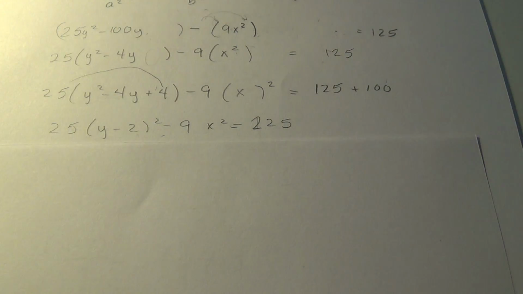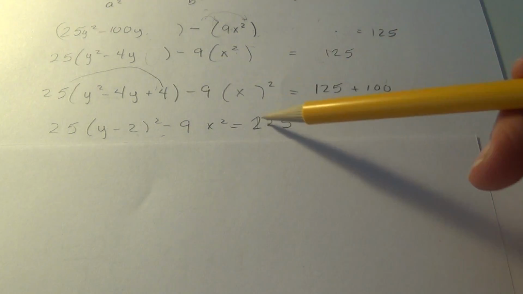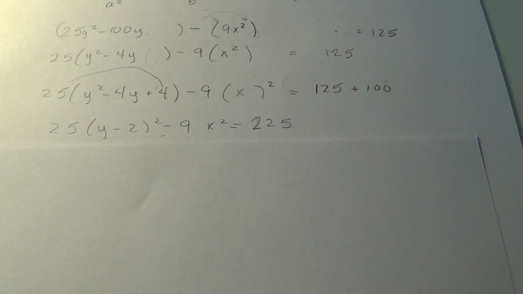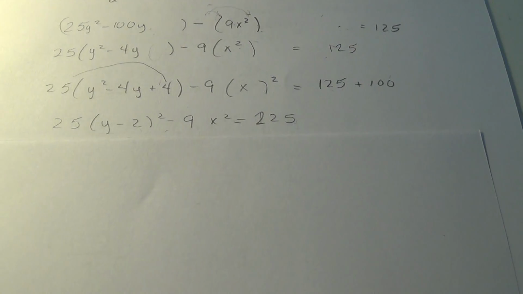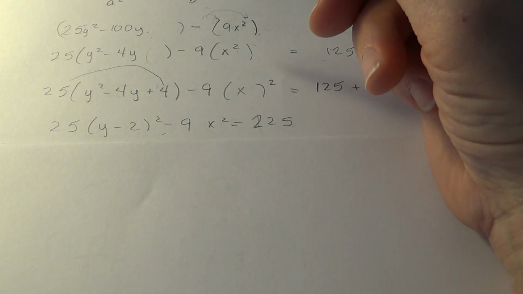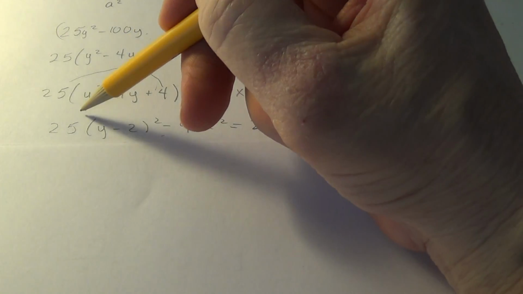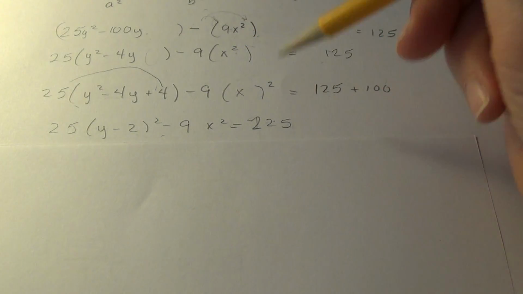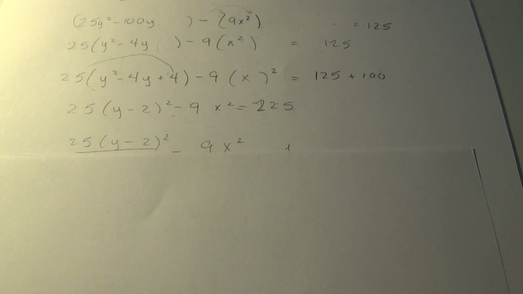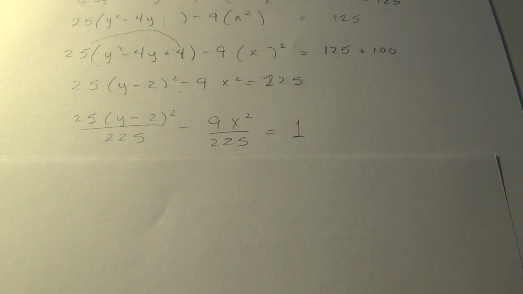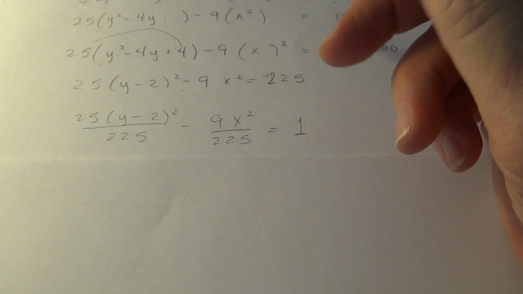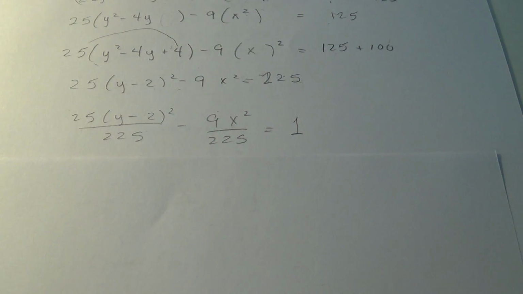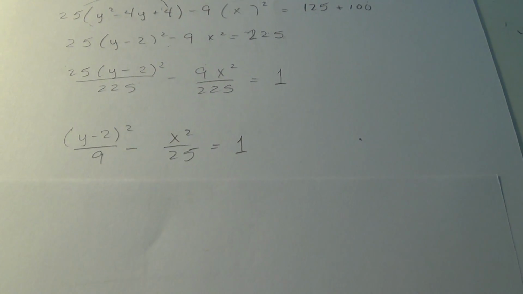And that 125 plus 100 became 225. To be in standard form, this has to be a 1, so I'm going to divide everything by 225. And 25 over 225 and 9 over 225 reduce nicely to that.